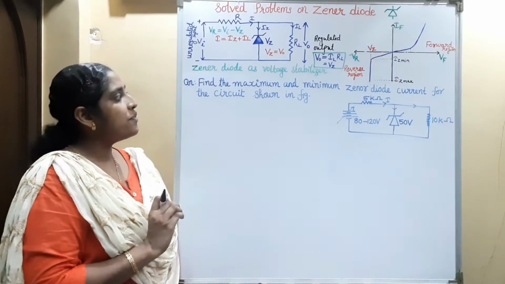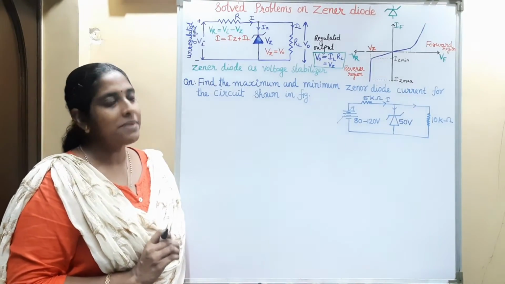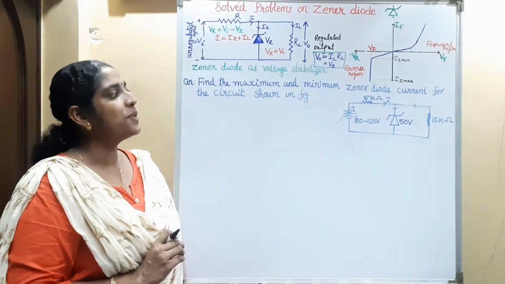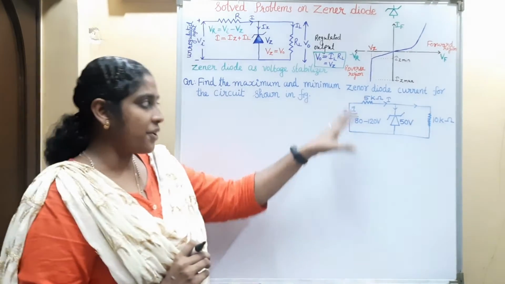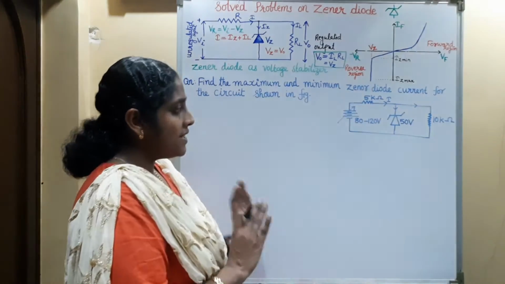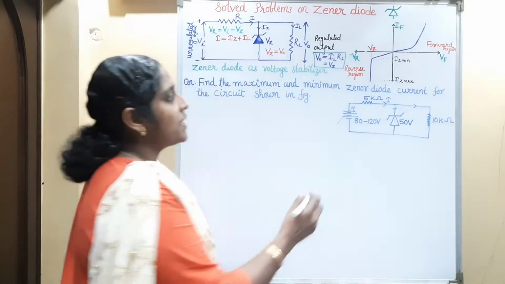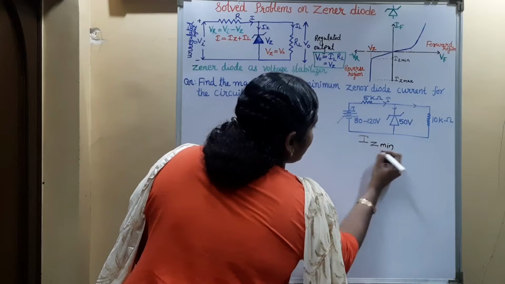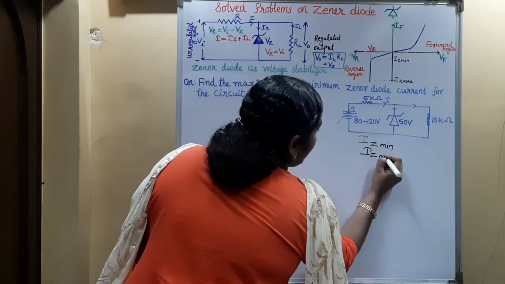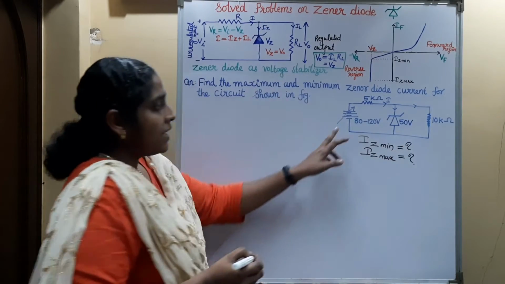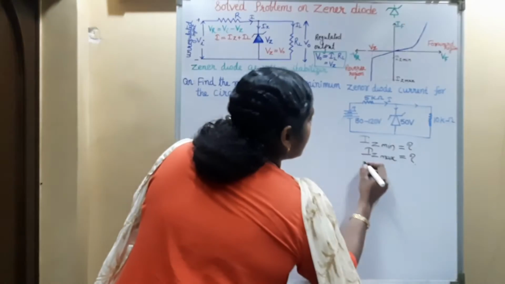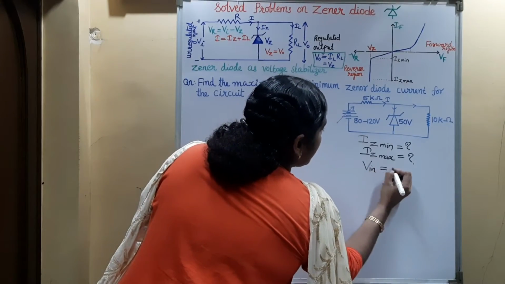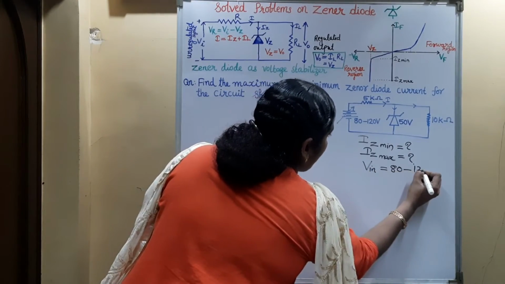Next question. Find the maximum and minimum Zener diode current for the circuit shown in the figure. A circuit diagram is given. In this circuit diagram, we want to find out the minimum and maximum Zener diode current, that is IZ minimum and IZ maximum. The input voltage given is varying from 80 to 120 volt.